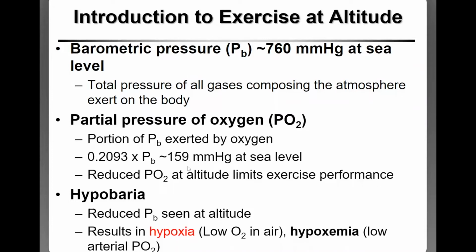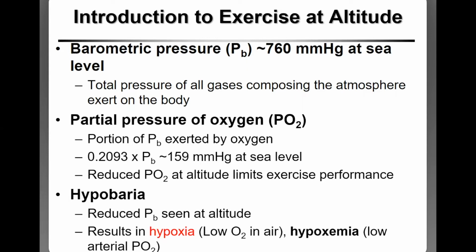As we move to altitude, barometric pressure drops, and as a result, the partial pressure of oxygen drops. And this is when it becomes problematic. In hypobaria, or in conditions with low barometric pressure as seen at altitude, this results in hypoxia, meaning the oxygen content in the atmospheric air around us is low, and it can result in hypoxemia, or low oxygen content in the blood.